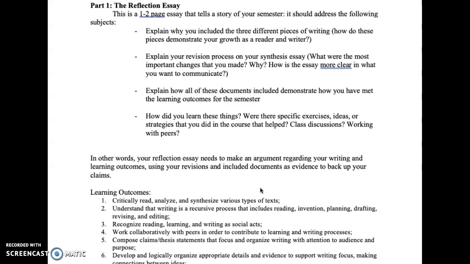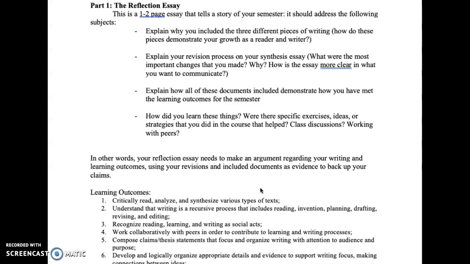Secondly, it needs to explain your revision process on your synthesis essay. So, answer these questions. What were the most important changes that you made? Why did you make these changes? Why did you feel that they were necessary to make? How is the essay clearer now? And how does it communicate what you wanted to say better or more clearly?